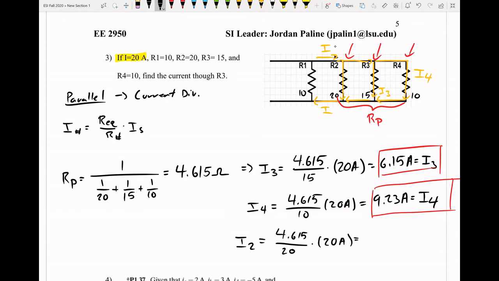And those two 20s will cancel out, so it'll give us 4.615 amps for I2. And then if you were to add all 3 of these back together, you would end up with 20 amps, which checks out.